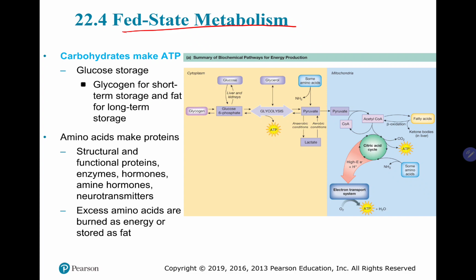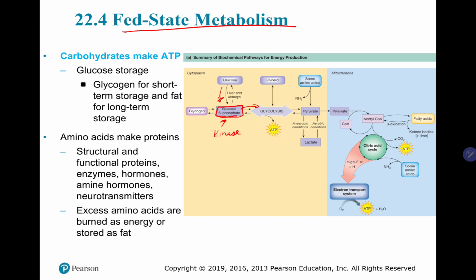So just goes over, remember, glucose, as it gets into the cell, we phosphorylate it with a kinase, which is an enzyme that phosphorylates something. That's why we have glucose 6-phosphate now. We can siphon that glucose 6-phosphate into glycolysis.